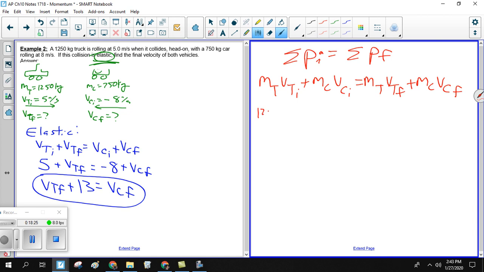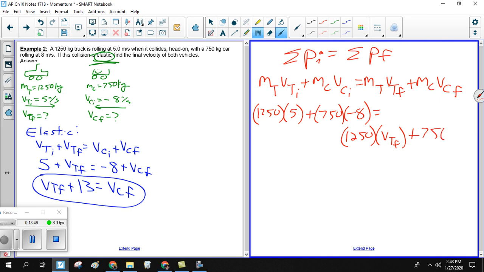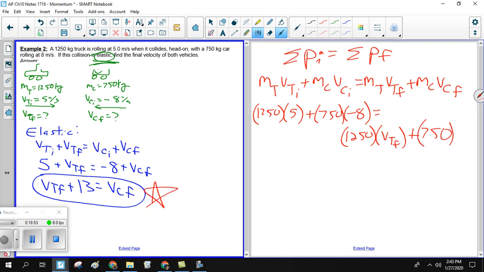So I'm going to get 1250 times 5 plus 750 times negative 8 equals 1250 times the velocity of the truck final, which I don't know, plus 750 times the velocity of the car final, but I know the velocity of the car final is that right there.